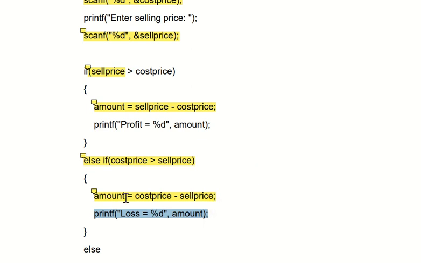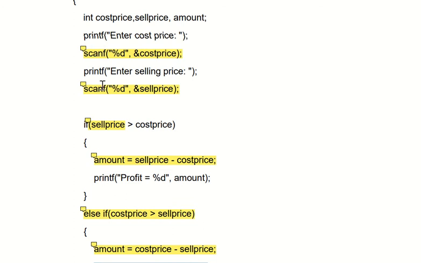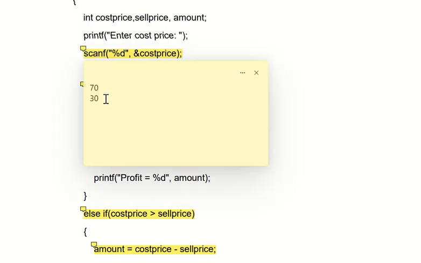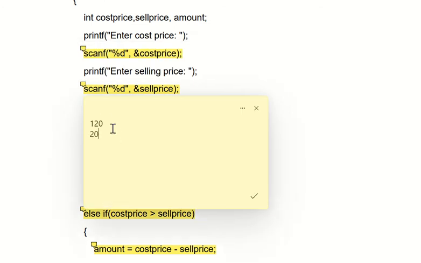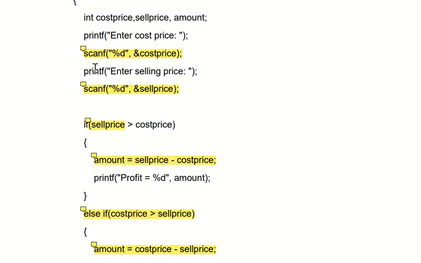And the last scenario, for example, if you enter cost price 50 and selling price also 50, buying and selling both are the same, 50 and 50. When it comes to the if condition, the condition will be false, because with 50 and 50 and a greater than sign in between, obviously the condition is false.